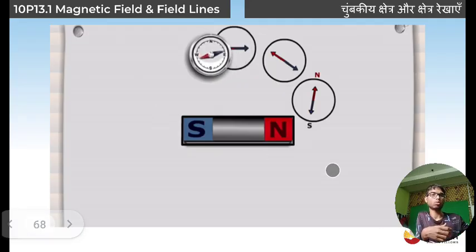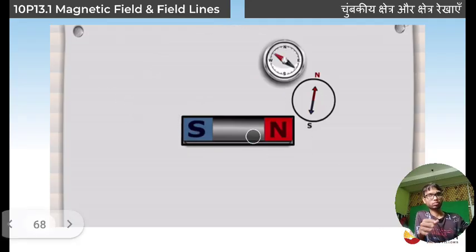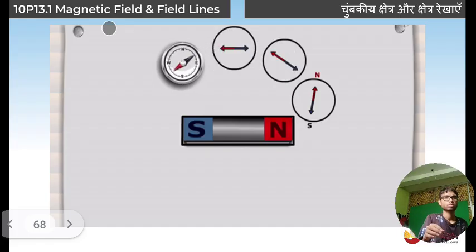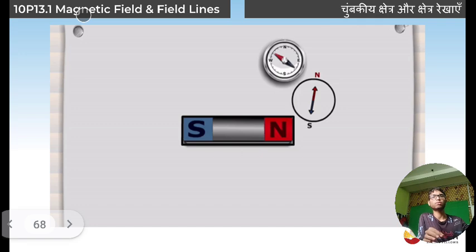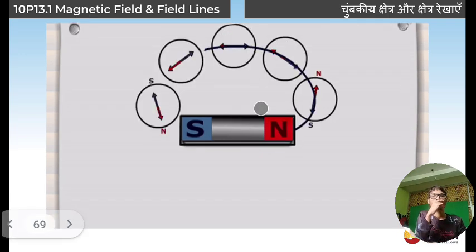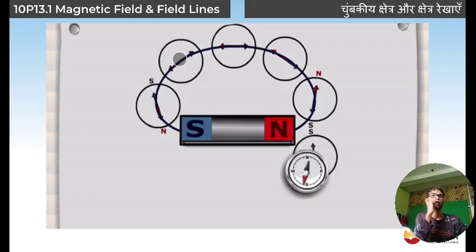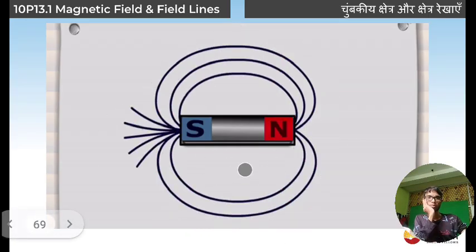Here we have north south, here north south, south north. This is a figure of magnetic field lines. This figure goes from north to south, again like that. Same process.